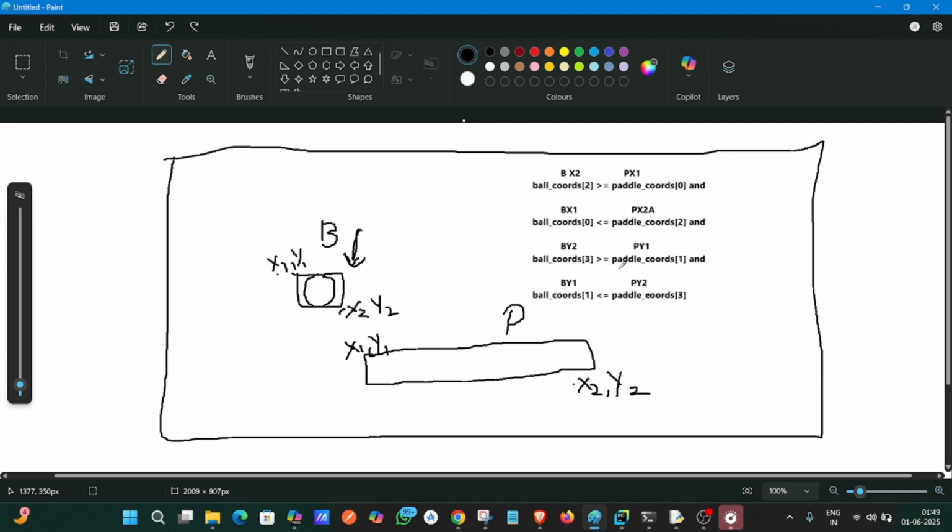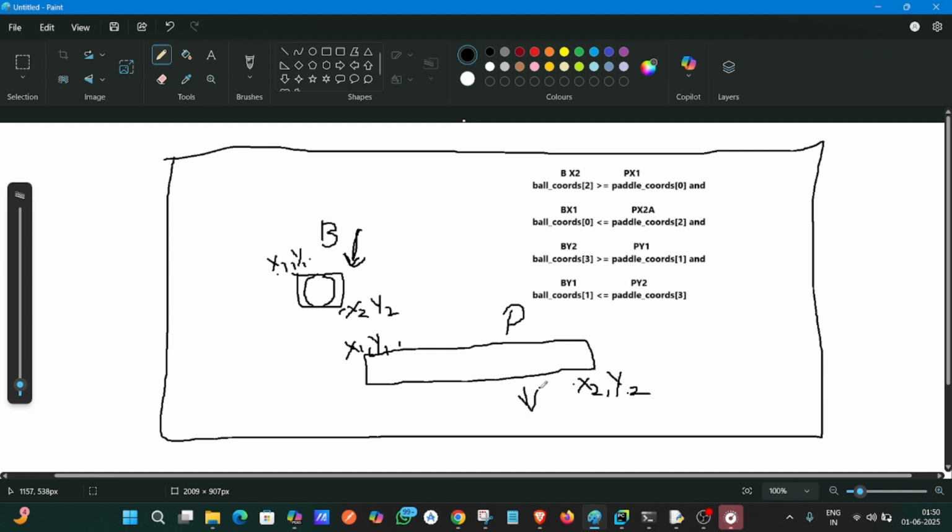Third condition should be y2 of the ball should be greater than or equal to y1 of the paddle. This y2 should not be less than the paddle's y1, otherwise it means the ball has not reached the paddle. That should be the condition. And fourth condition should be y1 of the ball should be less than or equal to y2 of the paddle, again checking that the ball has not gone beyond this.